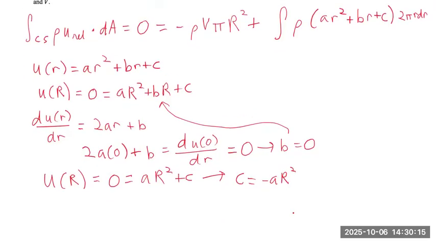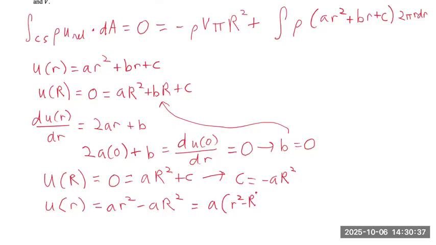So plugging all these into the equation for u(r), we have u(r) is equal to Ar squared plus 0 times r plus C, which is negative AR squared. So we get that u(r) is equal to A times r squared minus R squared.